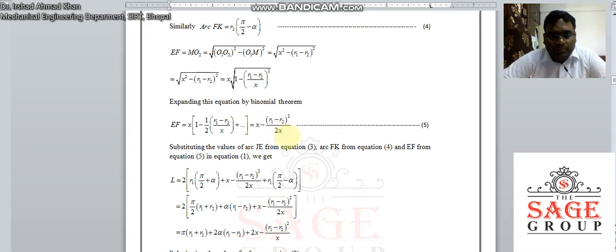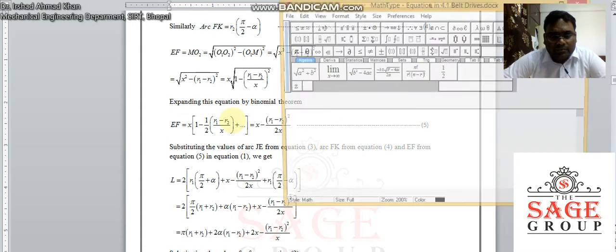The square must be there, so we can add it.